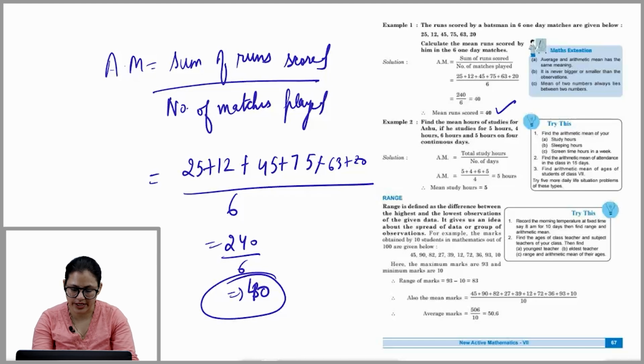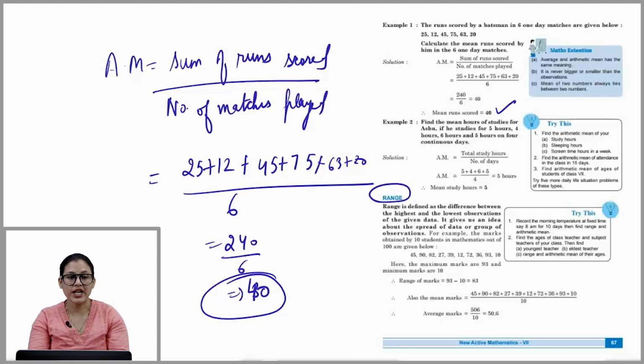Now, next, range. Range is defined as the difference between the highest and the lowest observation of the given data. It gives us an idea about the spread of the data or group of observations. For example, the marks obtained by 10 students in an exam of mathematics out of 100 are given below. So these are the marks obtained by 10 students.